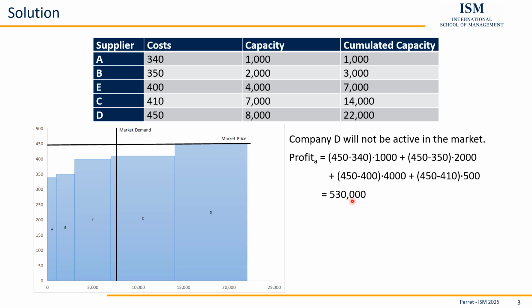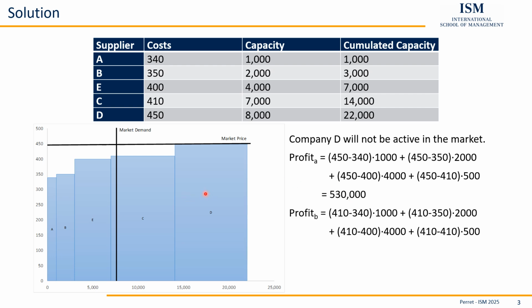That's situation A. In situation B, we wanted the price to be determined via the market. That's actually quite easy as well, because in this situation, the last party active in the market would determine the price. The last party active in the market is C, so market price will be 410.